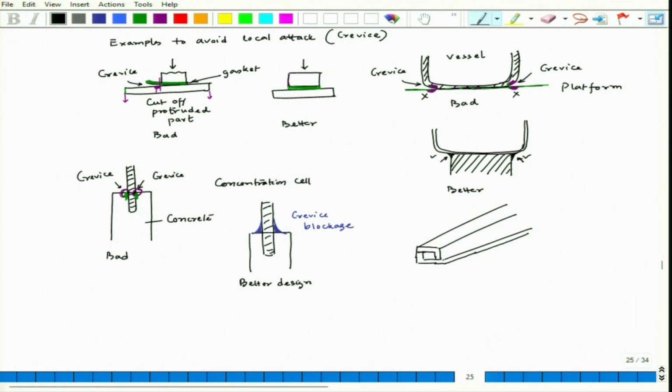So, this one section is connected to the other section. Okay.